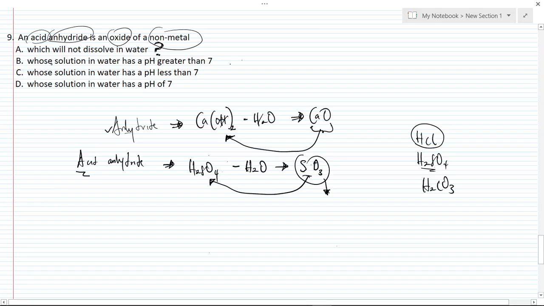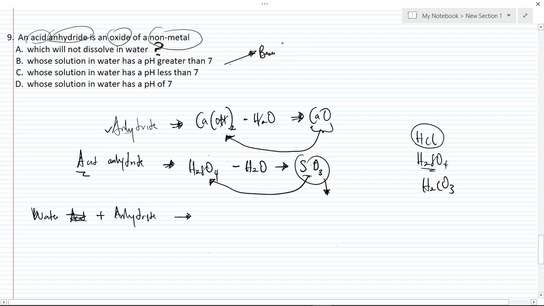So option B, whose solution in water has a pH greater than 7. What it's pretty much saying is acid anhydride plus water, since solution was mentioned, should have a pH greater than 7, and we know that solutions with pH greater than 7 are what?